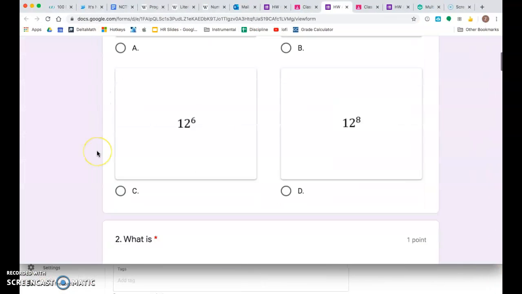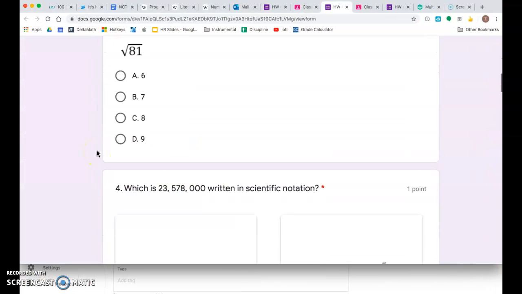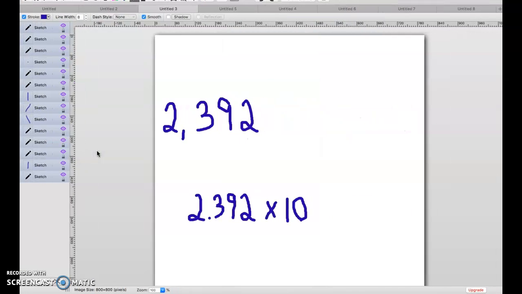We need to talk a little bit about scientific notation because that comes up. I want to change 2,392, the standard form of the number, into scientific notation. The decimal's right here.